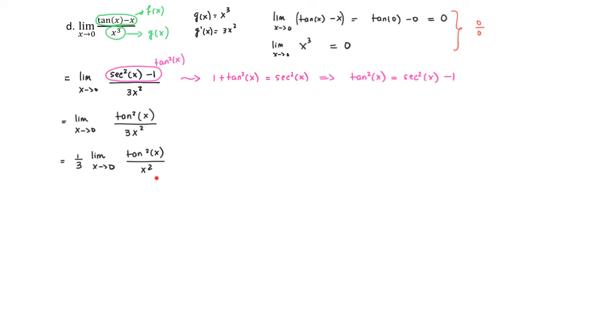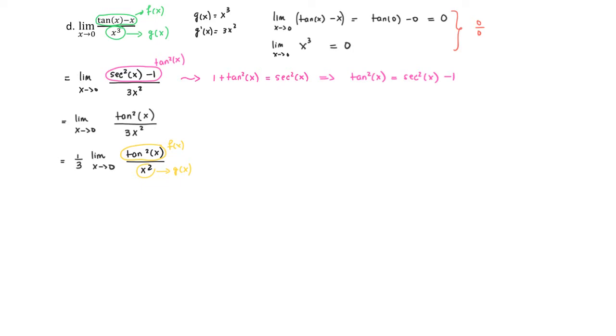When I get to this limit, if I do a quick check by plugging 0 for x on top and 0 for x below, again, I seem to get an indeterminate form. So this is telling me that I may have to reapply L'Hopital's rule. So I am going to let the top be f of x, the bottom be my new g of x, and I'm going to quickly check the conditions of L'Hopital's.